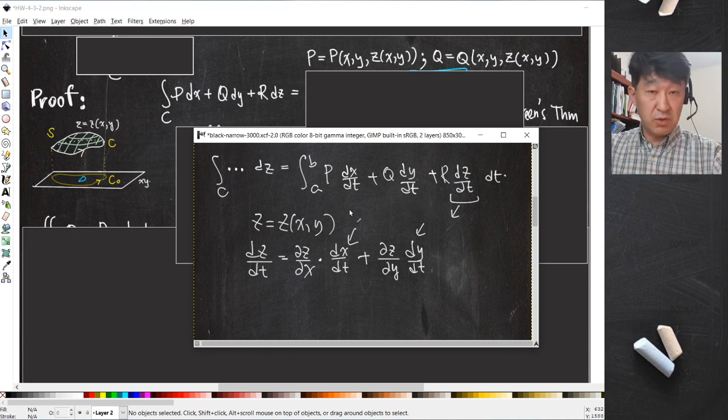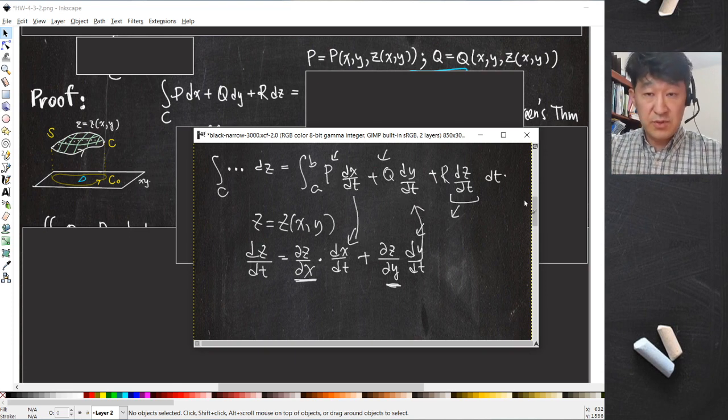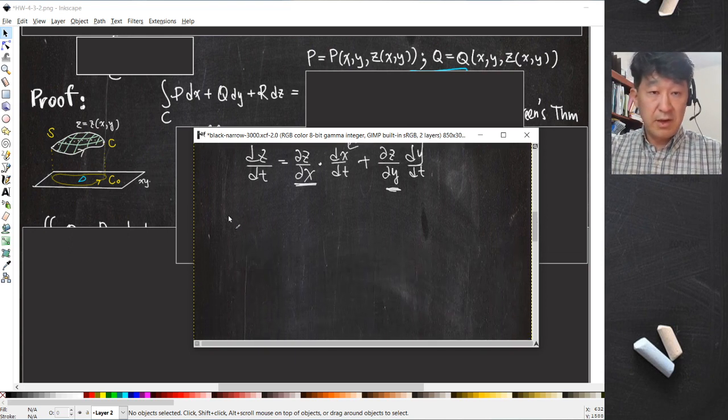Now this is going to be some sort of function in terms of x and y. There's no z in there. Put them together as a function of x and y, with all the z's replaced, and then dx/dt. Put everything together, and the original problem is now going back to x and y, going around some kind of curve, with dx, and I'm going to call this P tilde.